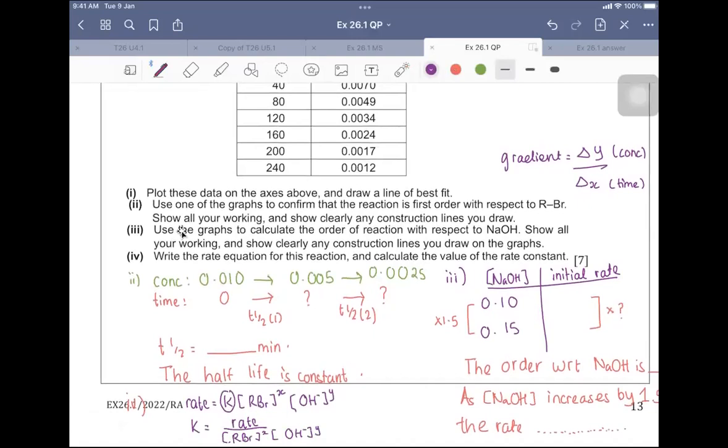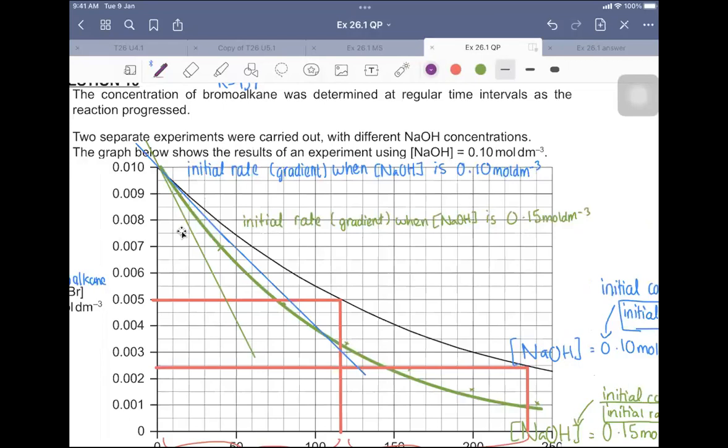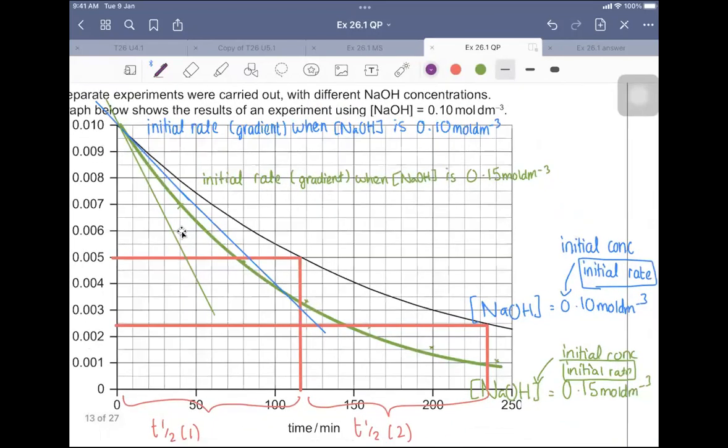How do we fill in this information? We have two experiments here. I'll call it experiment A, which is the black line, and experiment B, which is the green line.